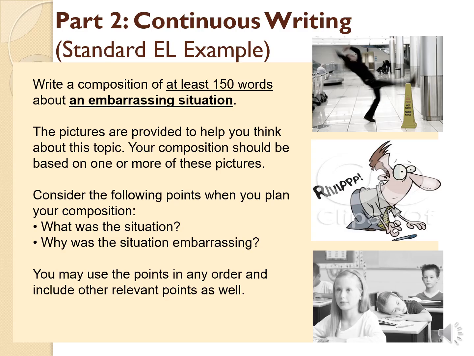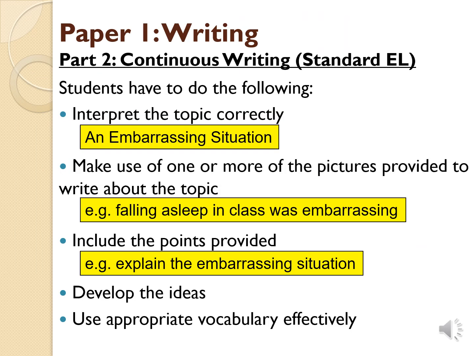This is an example of a continuous writing question for Standard English. Students have to interpret the topic correctly and make use of at least one of the pictures to write about the topic. They need to develop the ideas and use vocabulary effectively.